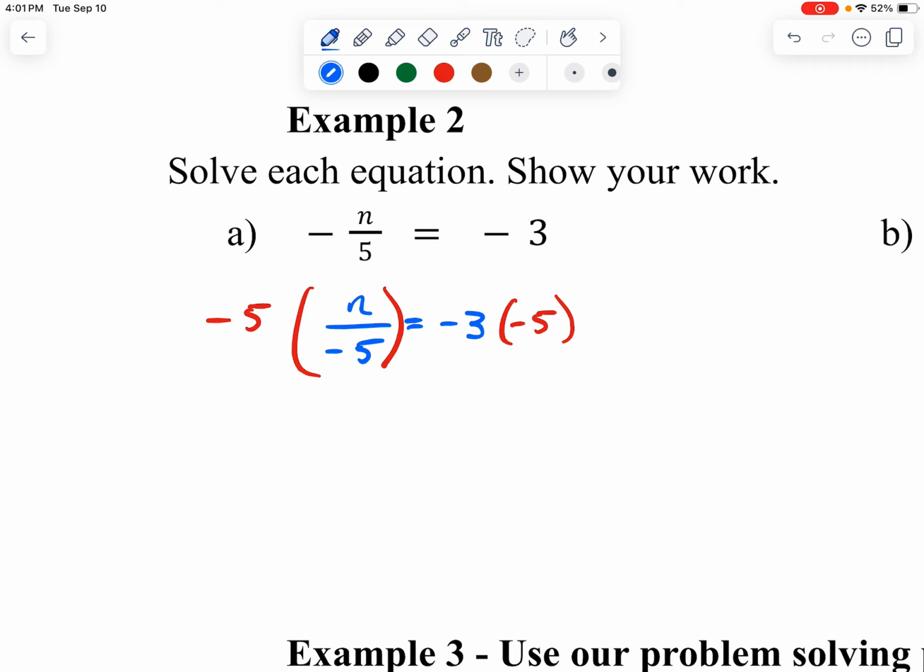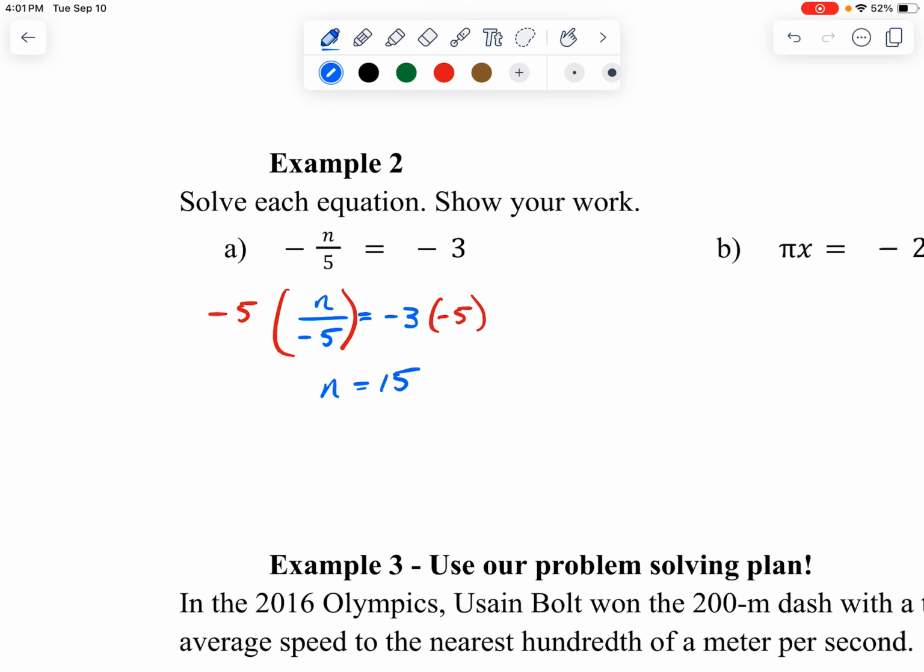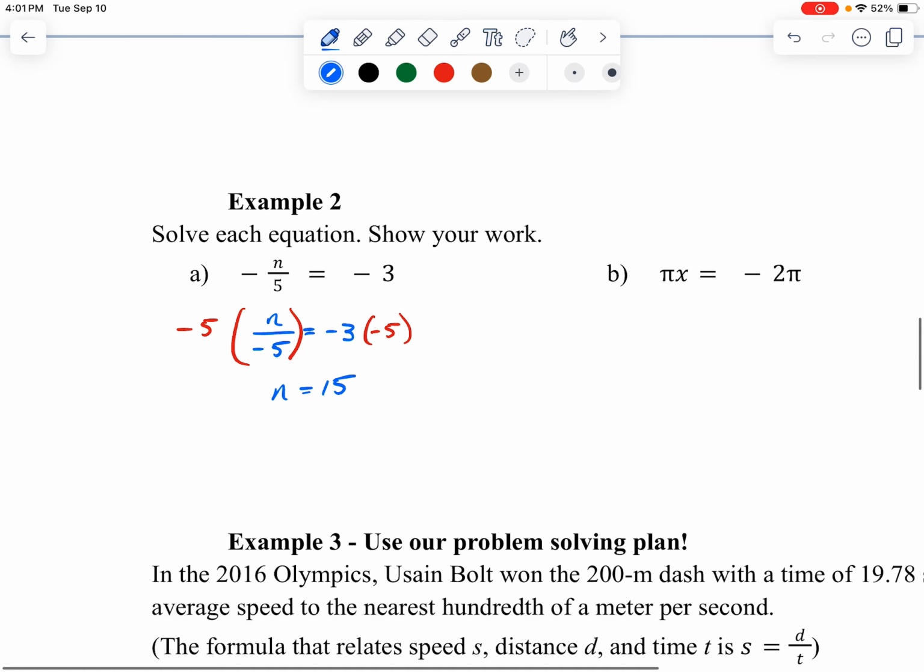So on the left, I just have n, and I have negative 3 times negative 5, that's positive 15. And again, let's check our work. I'm going to do this a little on the sideboard here. So I've got negative. I can leave that out front, or I can assign it to either of my values. Doesn't matter.